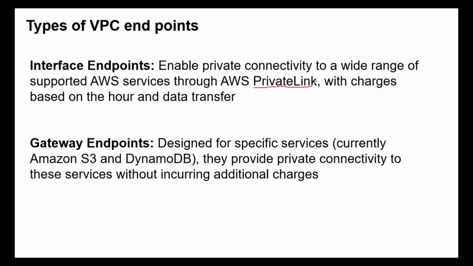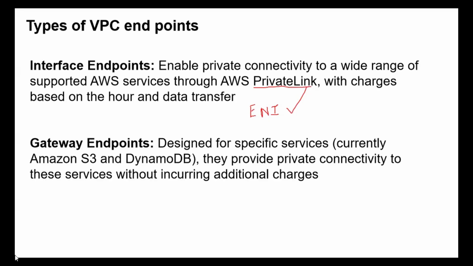Okay? And whenever we create an interface endpoint, basically it will add a separate ENI to the EC2 instance. Right? So let's say we want an EC2 instance to communicate to a different AWS service via the interface endpoint. The moment you create an interface endpoint, there will be a separate elastic network interface that gets added and assigned to the instance. So that is the interface endpoint.